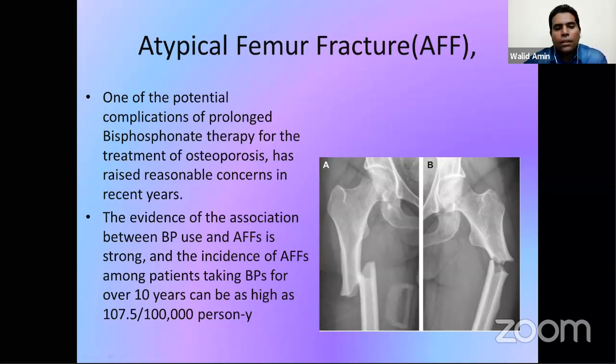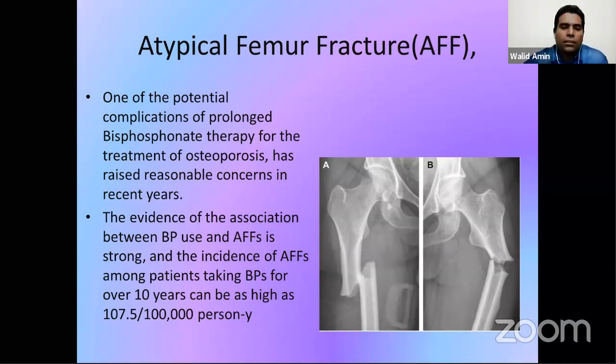The evidence of association between bisphosphonate use and atypical femur fracture is strong, and the incidence of atypical femur fractures among patients taking bisphosphonates for over 10 years can be as high as 107.5 per 100,000 persons per year.